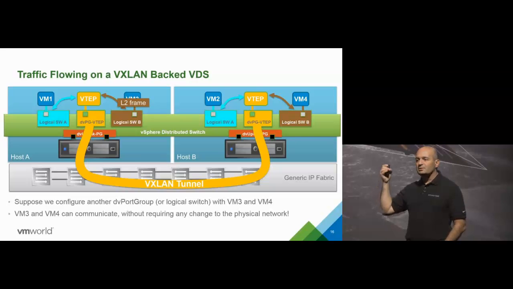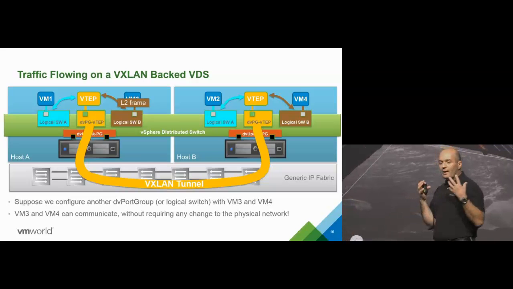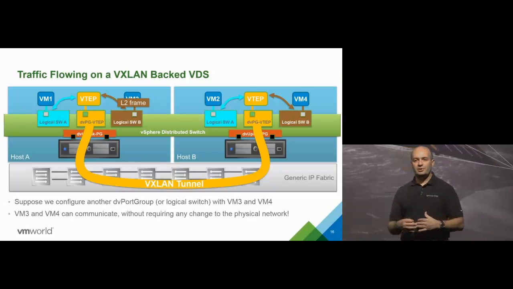So you see, I've instantiated a new layer 2 domain, what used to be a DV port group, now called a logical switch again, but I didn't have to change anything on my physical infrastructure. So this is also the solution to this other problem of coupling physical to virtual. Now I have my virtual network that is entirely independent from my physical network.